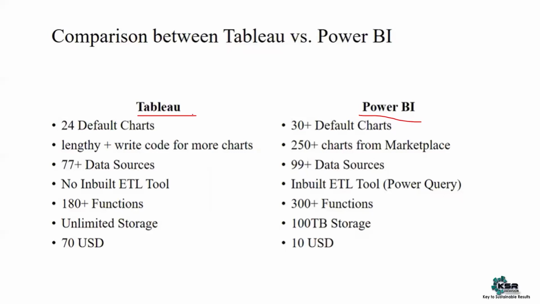Now, if you take a comparison, there are a few changes also. If I want to specifically highlight, Power BI is the only reporting tool in the current world which is getting updates every month. Every month you will get some update. It might be a very small update, it might be a big update also, but in some way you are getting an update in Power BI.